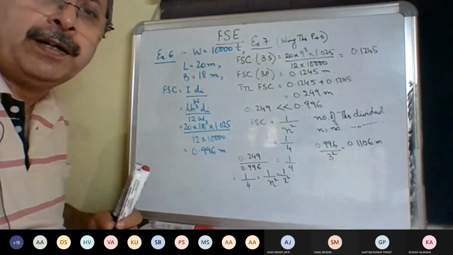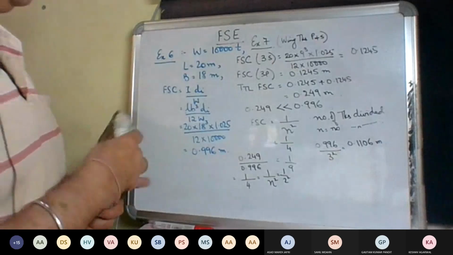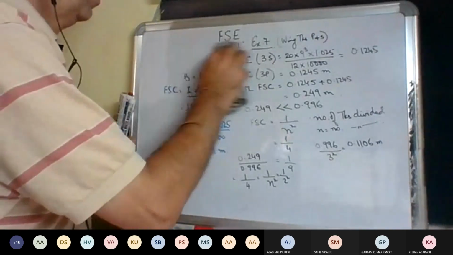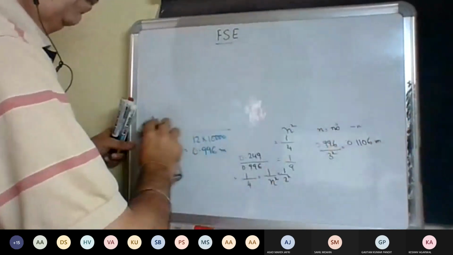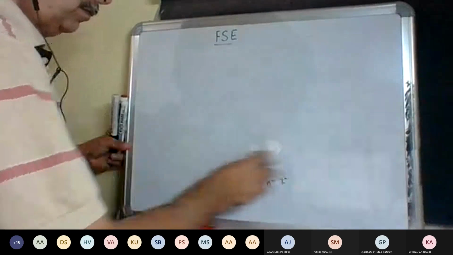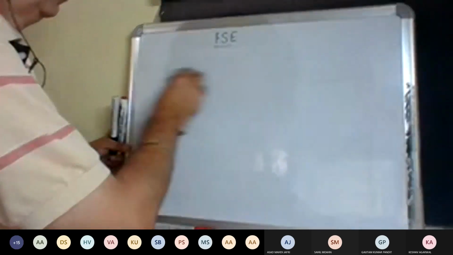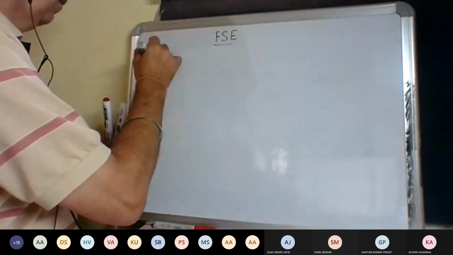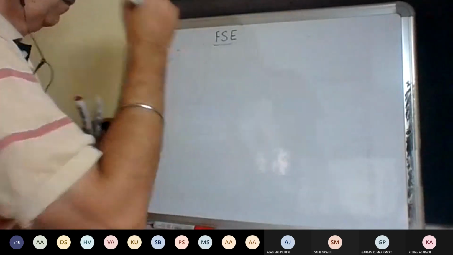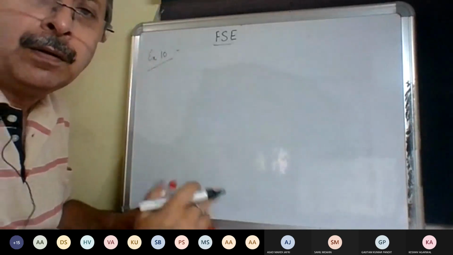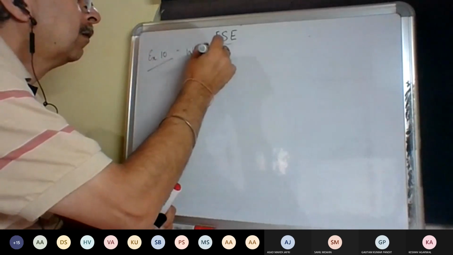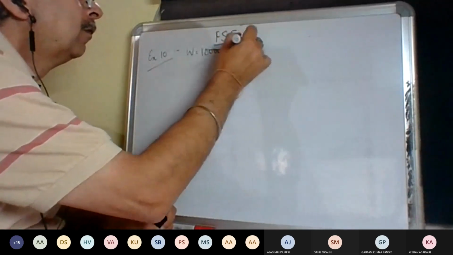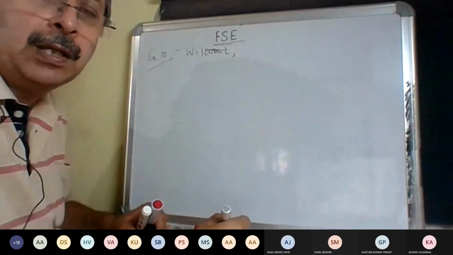Now let us move ahead and come to example 10. Vessel of displacement 10,000 tons. KM 9.3.